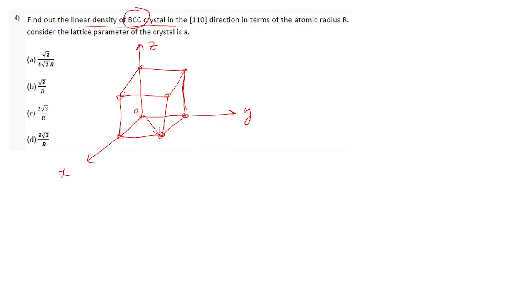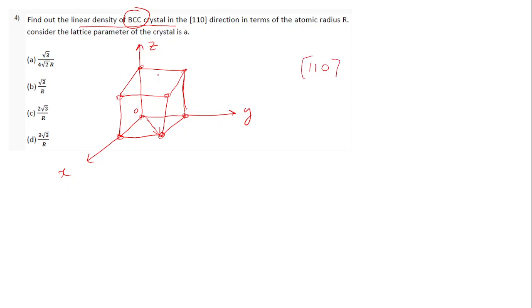Because the 110 plane will be intersecting, if you take the intercepts, on the x-axis it's intercepting at 1a, on the y-axis at 1b, and it's not intersecting the z-axis. So this will be our 110 direction.